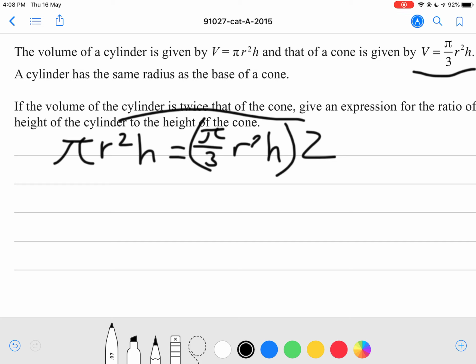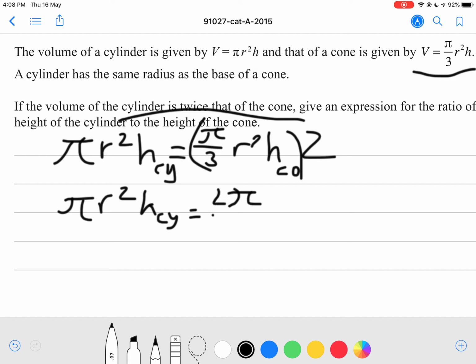So we're going to simplify this equation. This is height of cylinder, this is height of cone, so we don't confuse ourselves later. So pi r squared h c, where c stands for cylinder, equals 2 times pi, so 2 pi divided by 3 r squared h c.